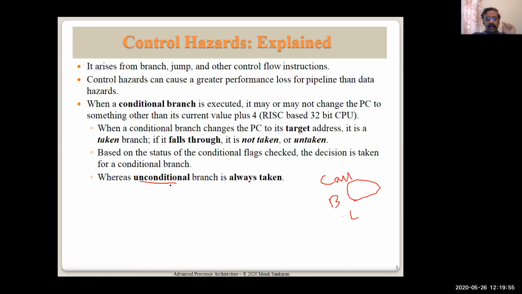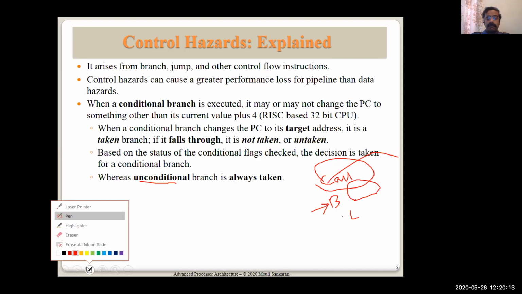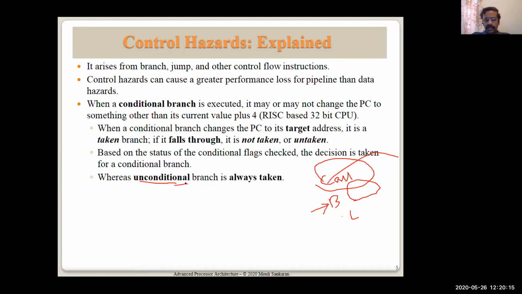So an unconditional jump is one example, or calling a function is also like an unconditional jump, because it will go there for sure, but it will come back later. But anyway, the pipeline has to be flushed. So it's equivalent to an unconditional branch, except that in an unconditional branch, the execution need not come back, whereas in a call, it is like an unconditional branch because it is going to take a branch for sure, but it will come back.